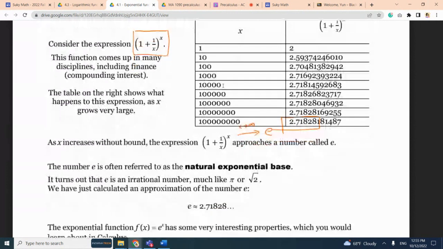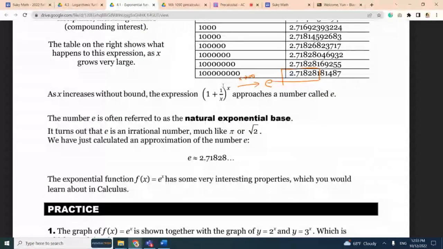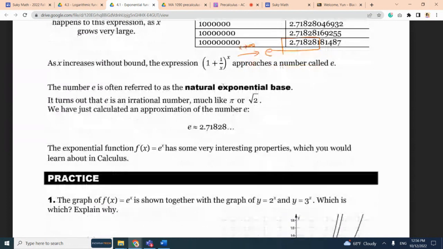Okay. So e is often referred to as the natural exponential base. It turns out that e is an irrational number, just like pi or square root of 2. And we get e approximately as 2.71828, etc. So it's a number slightly smaller than 3. Okay, but it's bigger than 1.